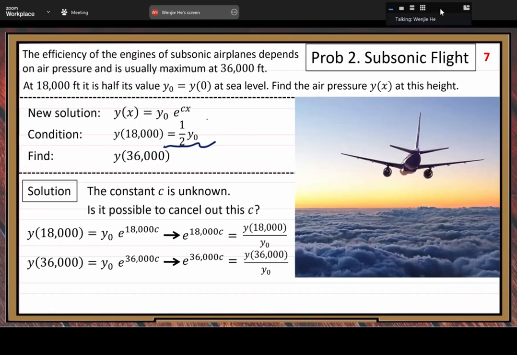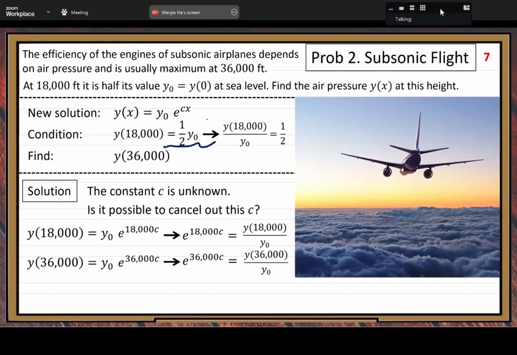So we can use this property to take away the constant C. But this time, this condition is useful.